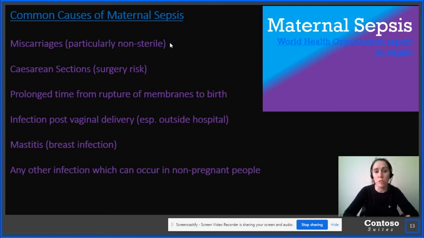Infection post-vaginal delivery. Okay, so you're going to be exposed to a lot more types of infection. I don't know if you know, but when women are giving birth, quite often they give birth to a little poo as well.